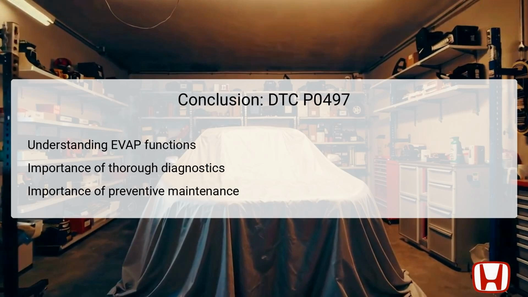Each step in diagnosing this issue, from checking connections to verifying sensor performance, is important for restoring proper vehicle emissions function. In addition, preventive maintenance steps can be taken to avoid future problems, ensuring reliable vehicle operation. Making informed decisions based on thorough diagnostics and taking proactive measures plays a vital role in maintaining emission systems effectively.